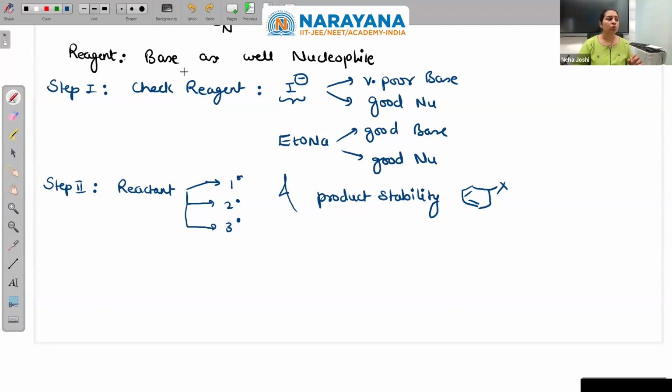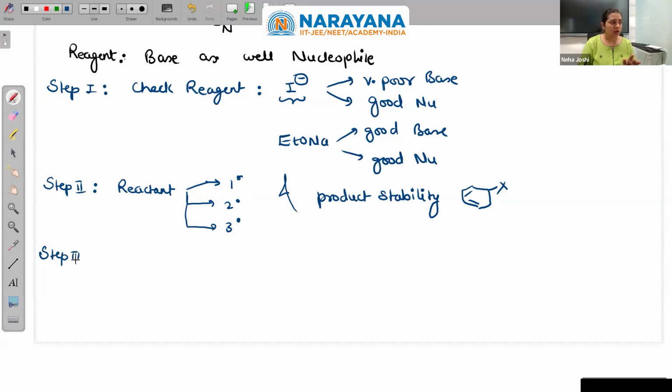So step number 2 that you have to check is what is the reactant, what degree of alkyl halide or what type of alcohol is the reactant, and then what product it will result in after the elimination. These two in combination will be factor number 2 that will influence our elimination versus substitution products, right?